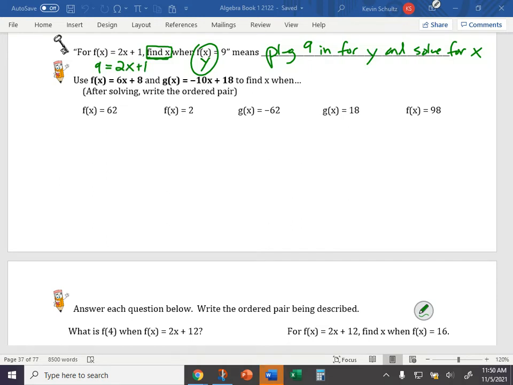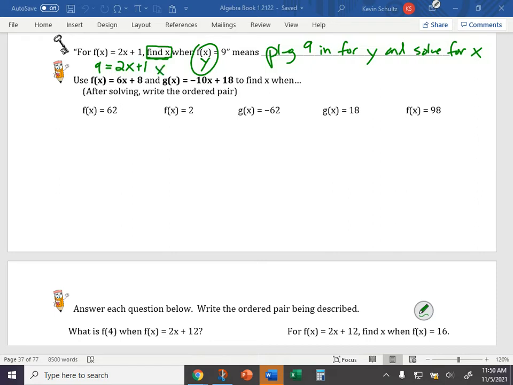9 equals 2x plus 1. Okay. What's our value for x? What value for x makes that equation true? 2 times what number plus 1 is 9? Connor? 4.